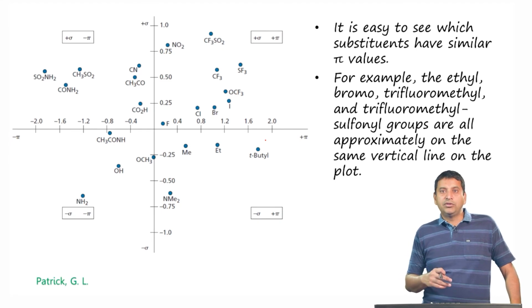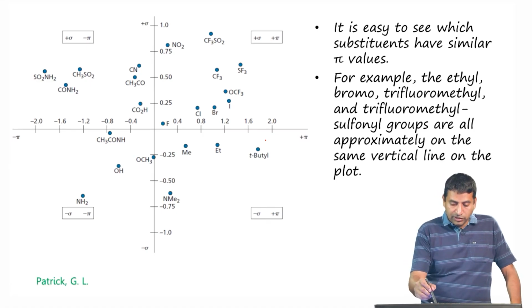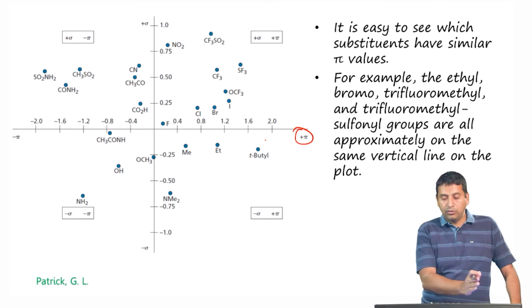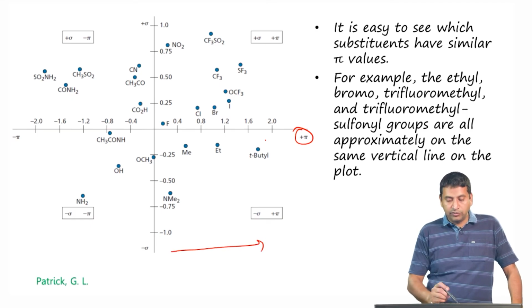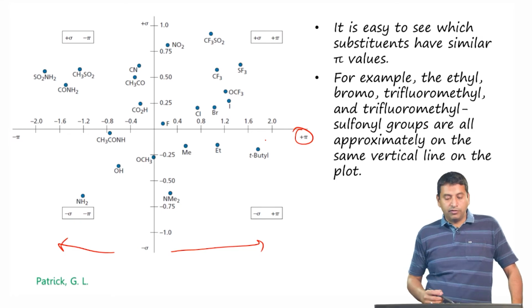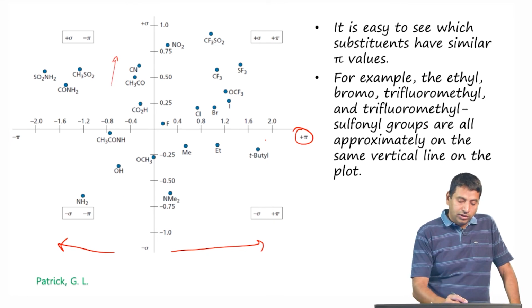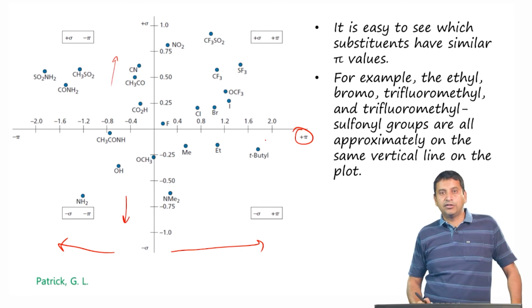Okay. It is also easy to see which substituents have similar pi values. All of those which have a positive pi value are located on the right hand side of this line, whereas all the ones which have negative pi value are located on the left. Similarly, if you have a positive sigma, you go in the positive y direction, and a negative sigma goes in the negative y direction.